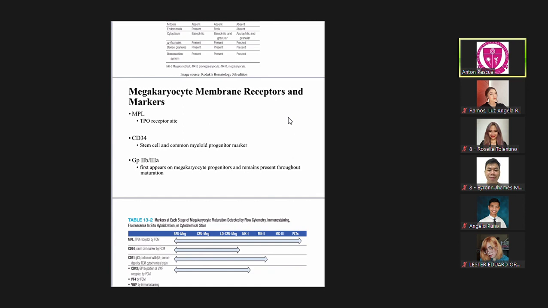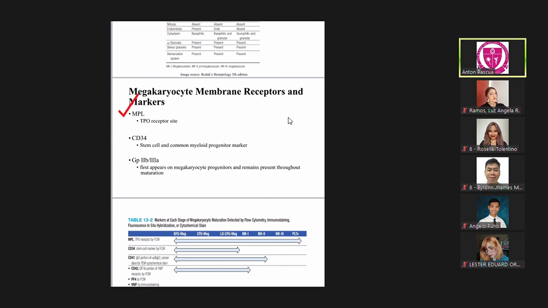Okay? Yan, kunyari, meron kayong tests like flow cytometry, yung mga cytochemistry, yung mga molecular studies, yung mga in situ hybridization, something like that. You can now test for these markers so that it can help you diagnose certain hematologic diseases.